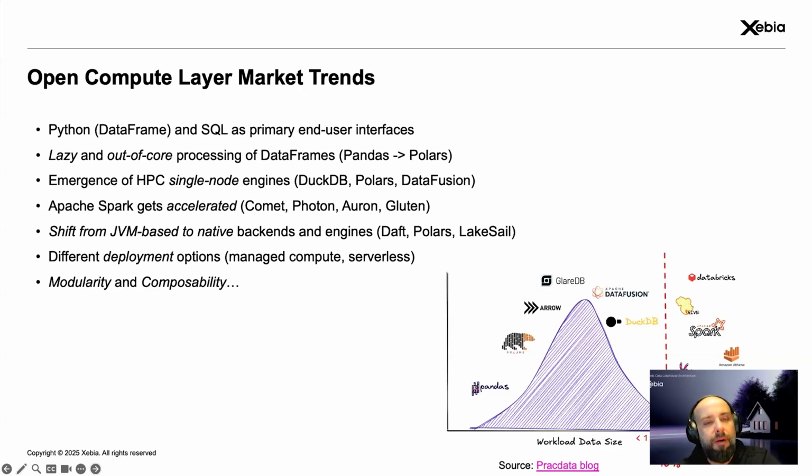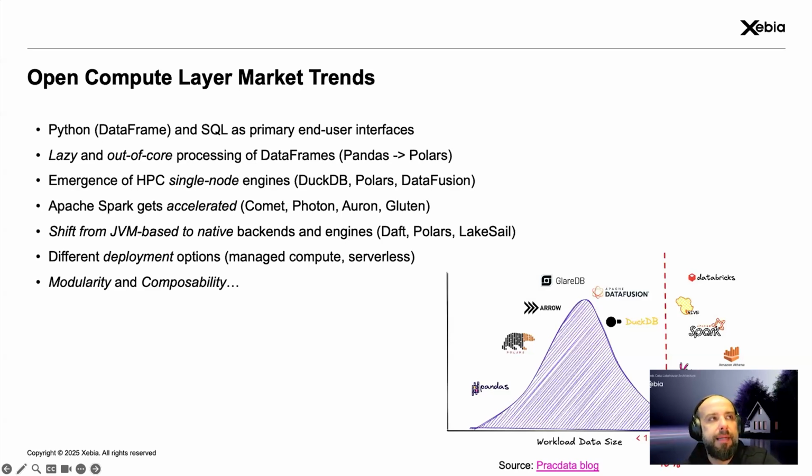All of them try to add native accelerators for Apache Spark. So Apache Spark itself is evolving extensively nowadays. We are also observing a shift from JVM-based tools towards native ones.